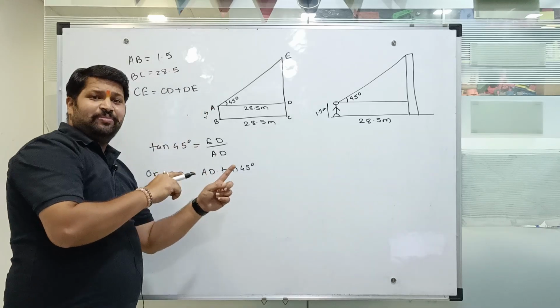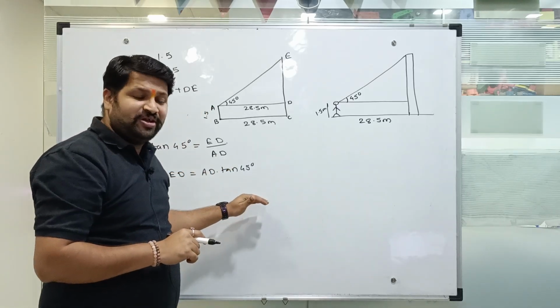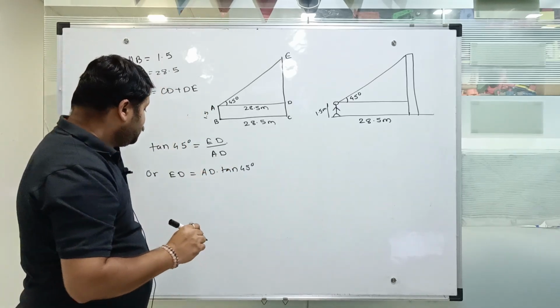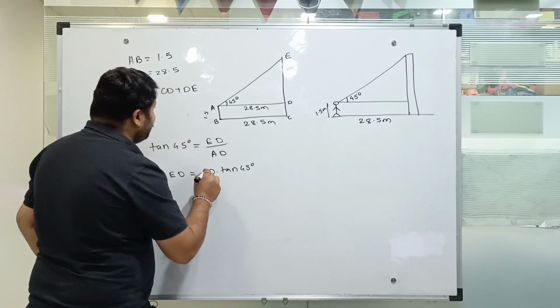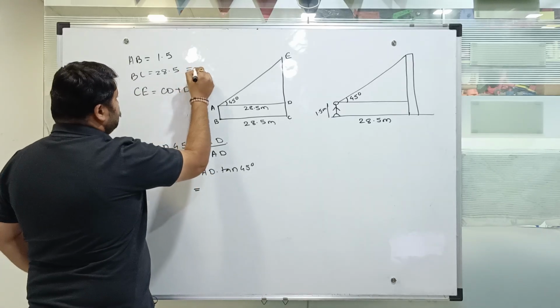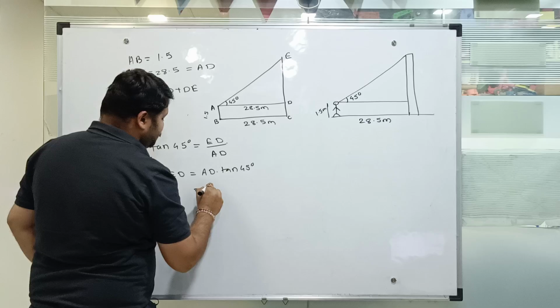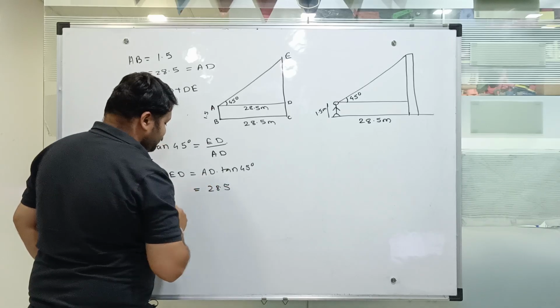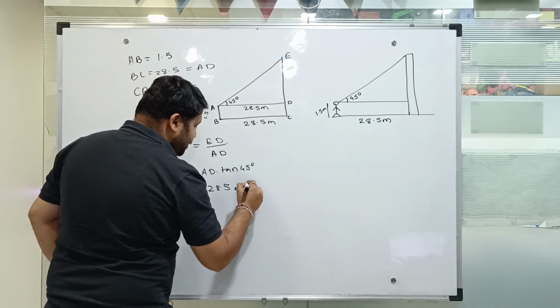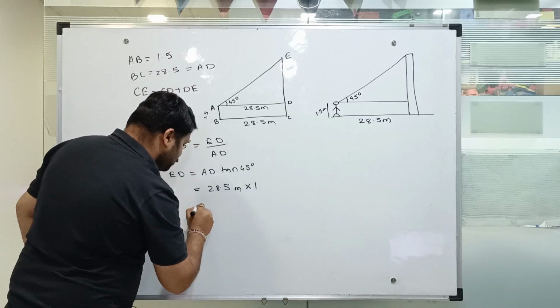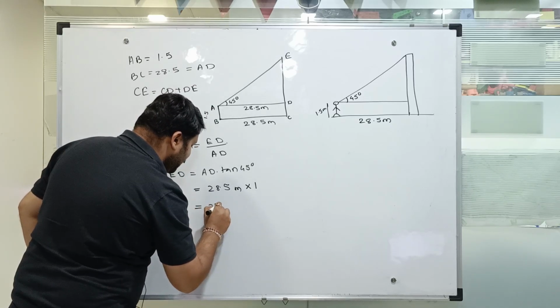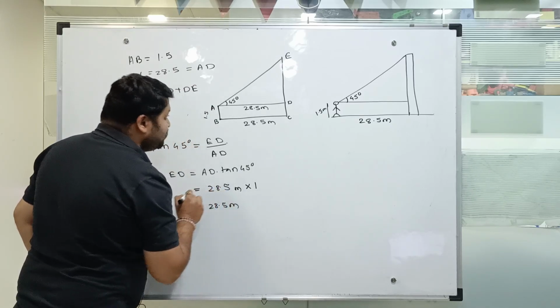Now from our table, we remember that tan 45 degrees is equal to 1. So I can say that AD is equal to 28.5 meters. So it's 28.5 meters multiplied by 1. So the total length of ED would be 28.5 meters.